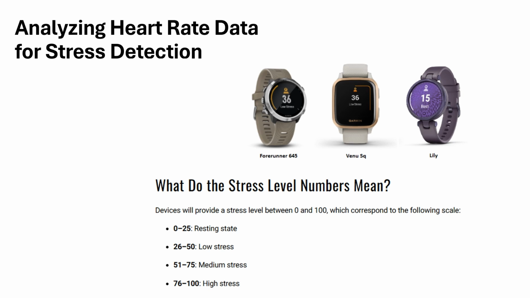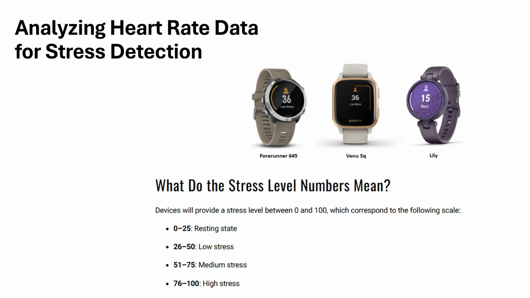So what do the stress level numbers actually mean? So for example, when your smartwatch detects your stress levels, it might score this on a level of 0 to 100 and use a scale such as 0 to 25 being a resting state or just no stress, 26 to 50 being low stress, 51 to 75 being medium stress, or 76 to 100 being high stress.